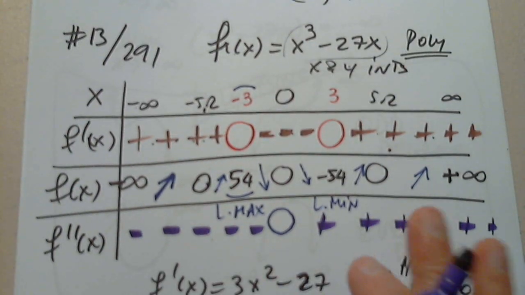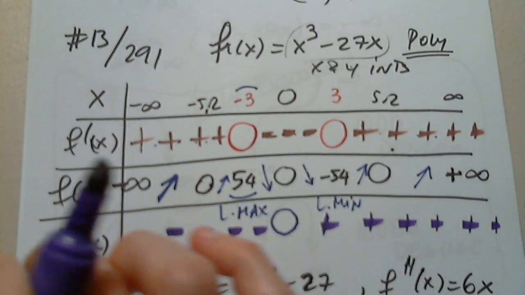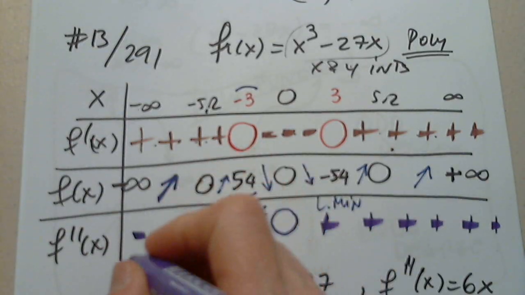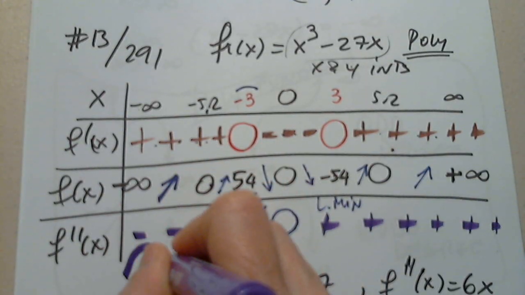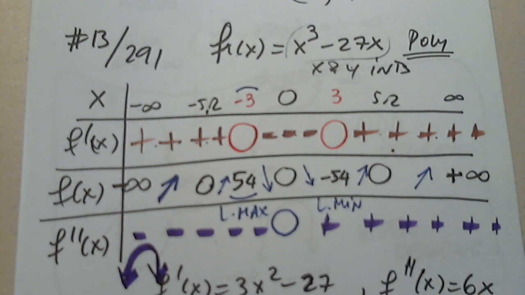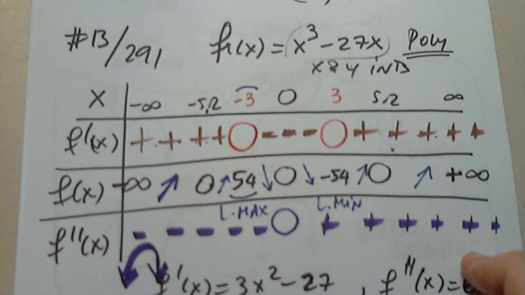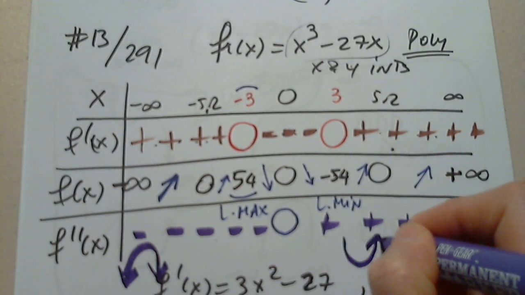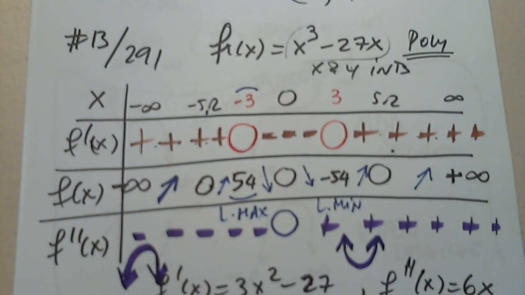Now please understand and remember, if the second derivative is negative, the function does not hold water. If the second derivative is positive, the function holds water. Concave downward, concave upward. Let's see if it makes sense.